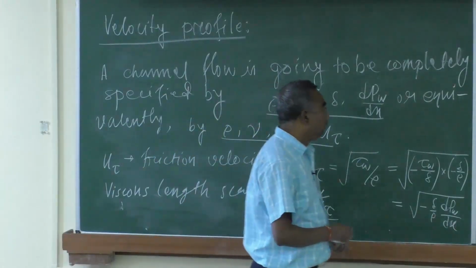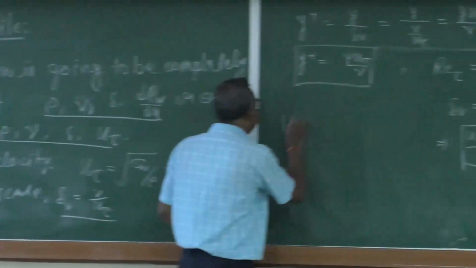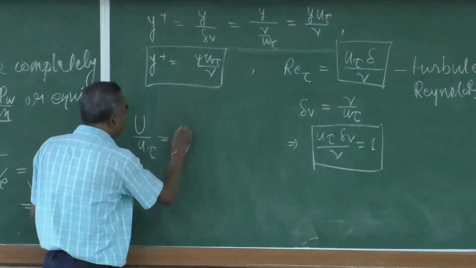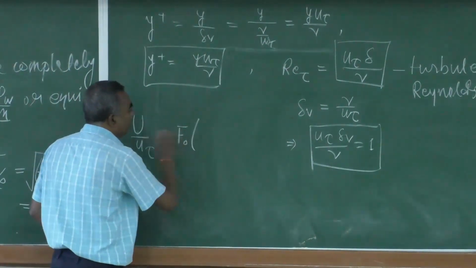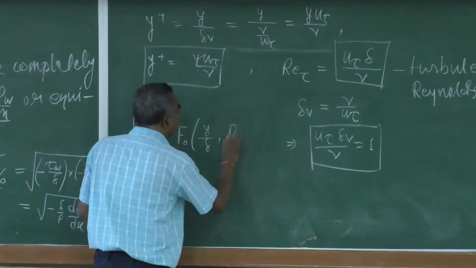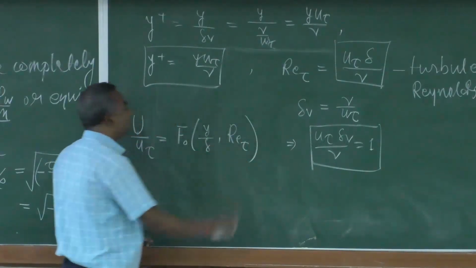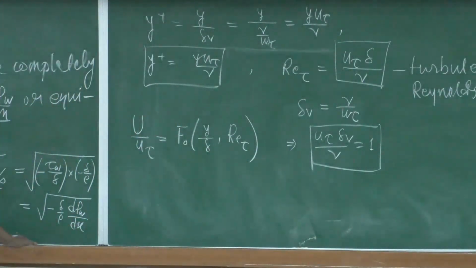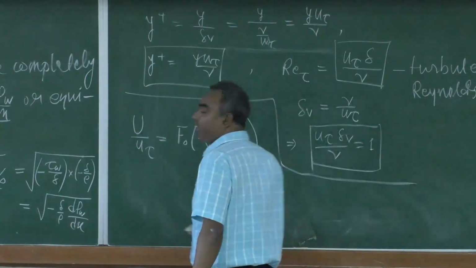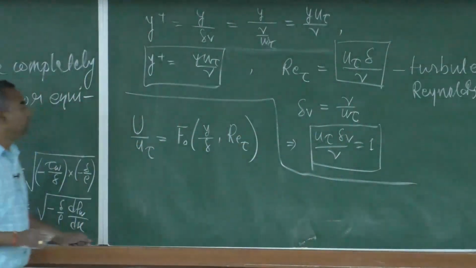That means your mean velocity can dimensionally be written as f naught, a function of y by delta and R e tau, where f naught is a universal function.